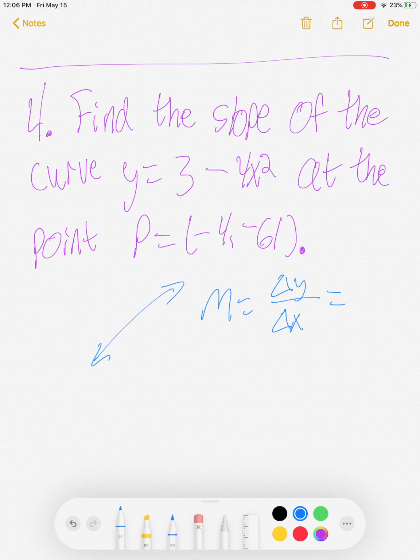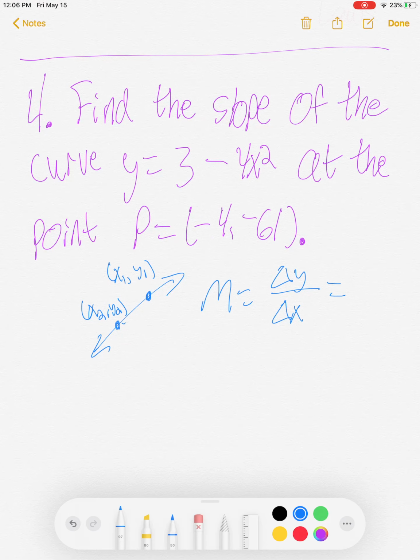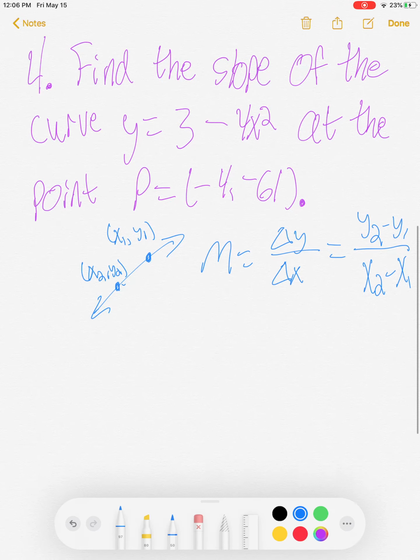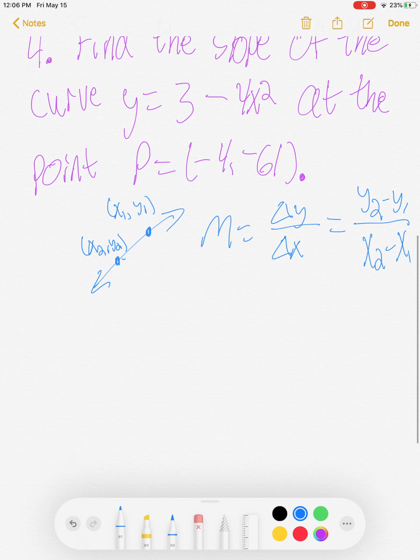In particular, if I have the point x1, y1, and this other point x2, y2 on the line, I can calculate the slope by y2 minus y1, that's my change in y, over change in x, which is x2 minus x1. And if you prefer, you can do y1 minus y2 over x1 minus x2. It makes no difference. But this is something we've seen before, right?